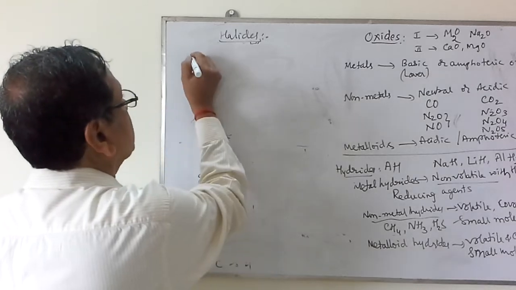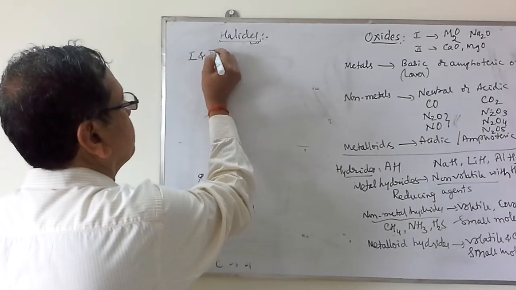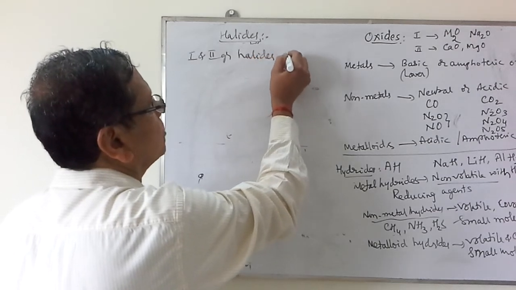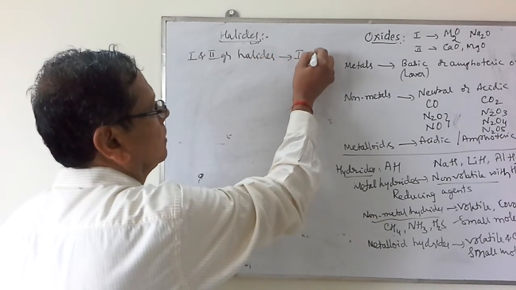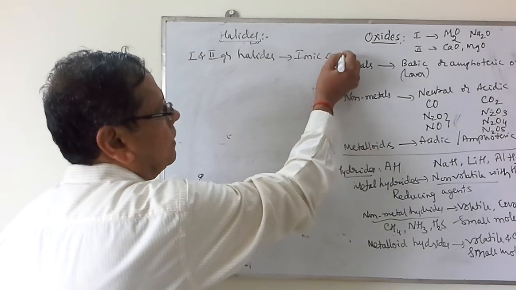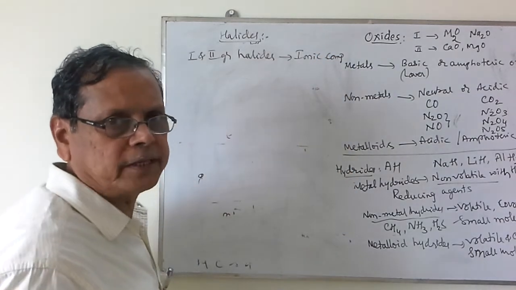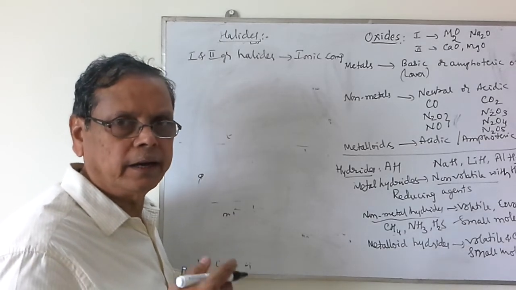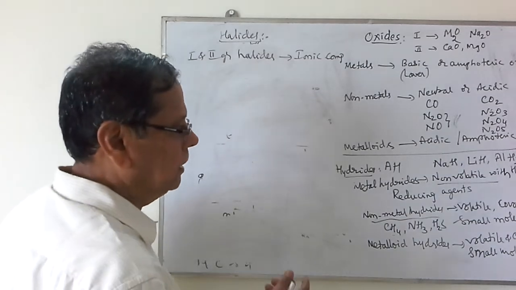When we consider first and second group halides, they are exclusively ionic in nature. Ionic compounds. There may be one or two exceptions, for example, lithium chloride. Lithium chloride is a covalent compound.